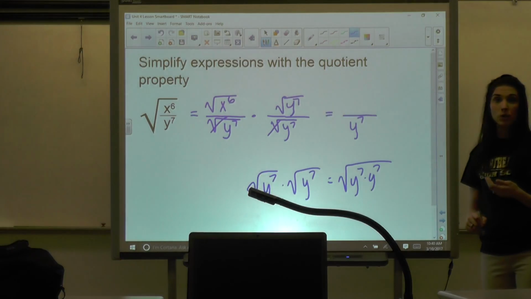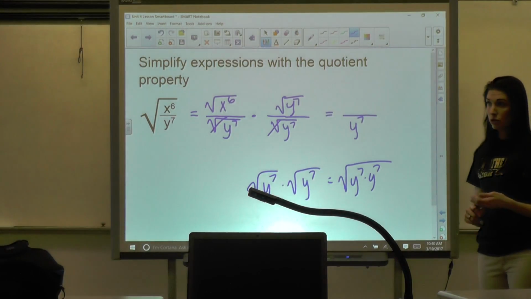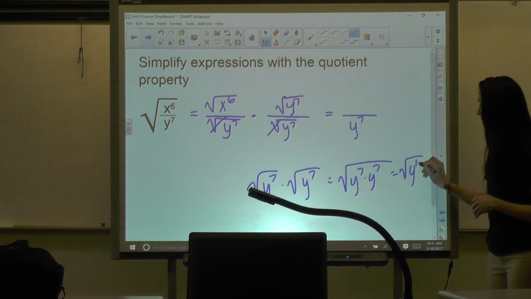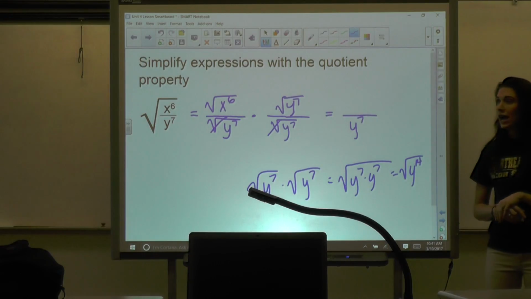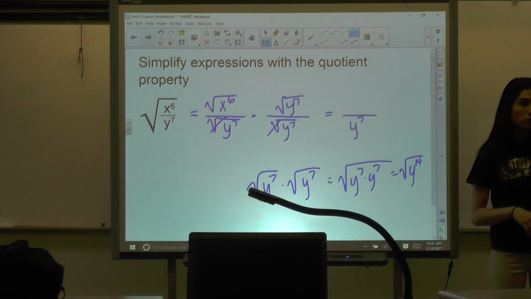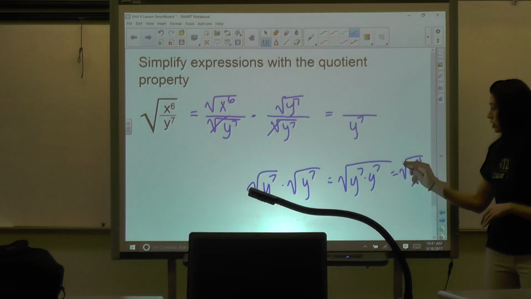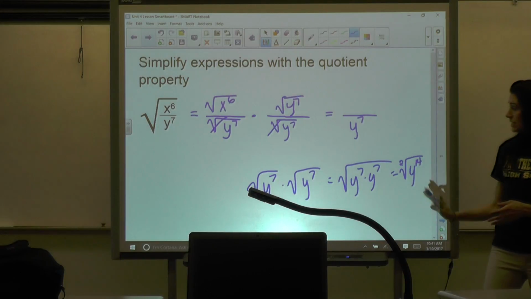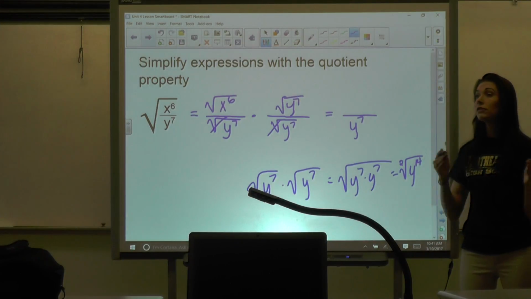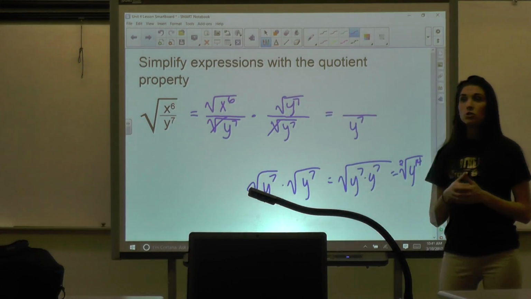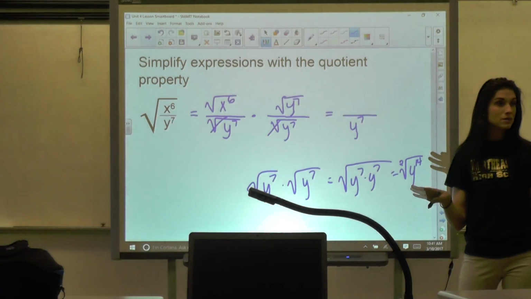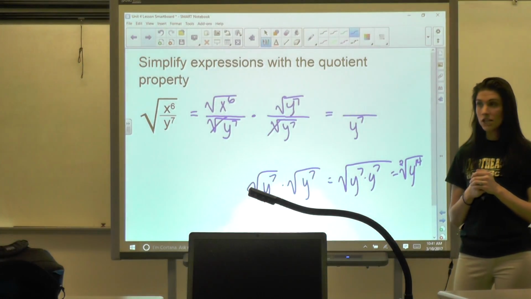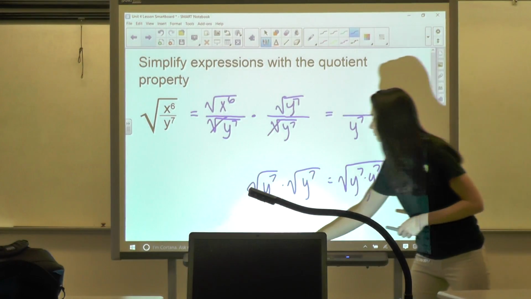Power times a power, so we add. Do you guys remember those rules from Math 1? Okay. So square root y to the power of 14. This is a square root. How many does that say that you have to have in order to bring out 1? 2. What is 14 divided by 2? 7. Y to the power of 7. This is all the math that's actually going on behind it, but if you know that when you multiply by another square root they cancel out, you're just multiplying by the power of 7, that's good for me. Okay? Have I lost anybody yet? No. Okay.